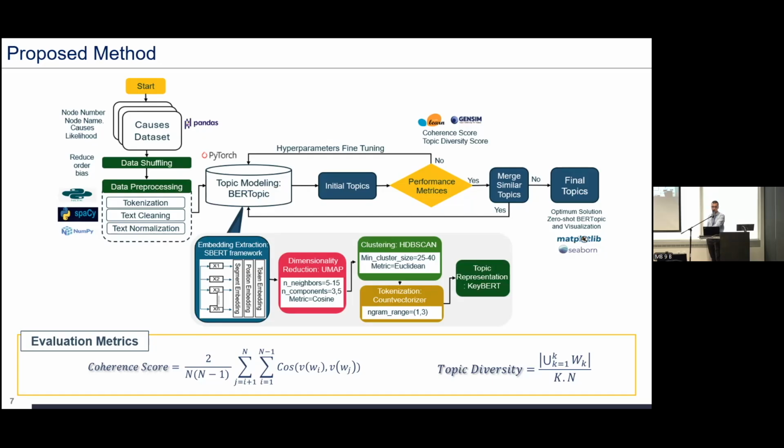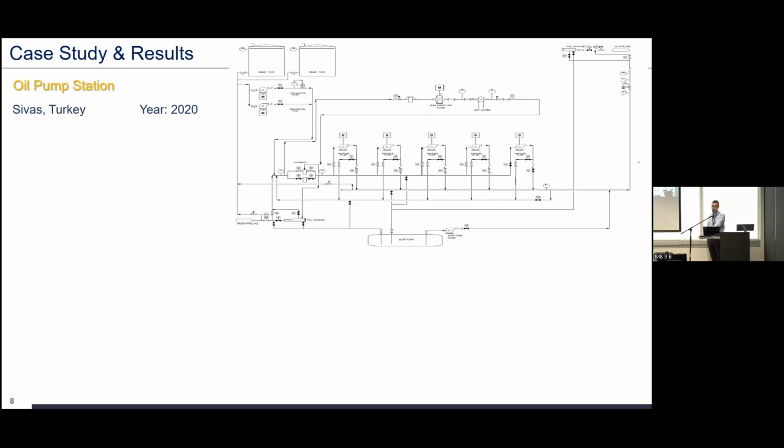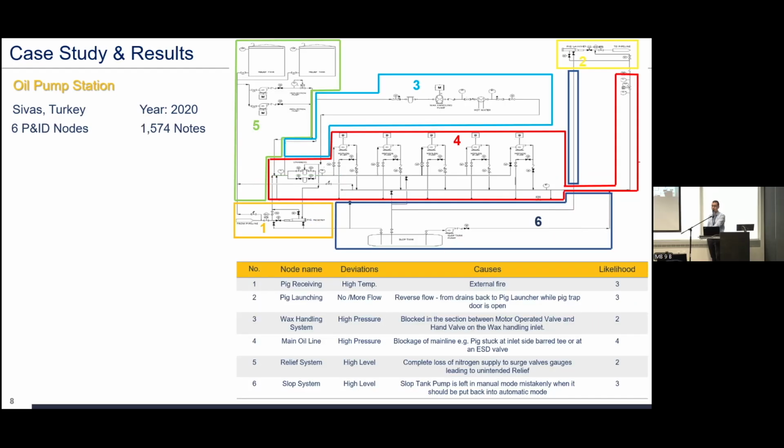So this model was applied on an oil pump station case study, including 6 main nodes and more than 1,500 HAZOP records. As we have seen, this is a sample from the dataset that we use in this paper.